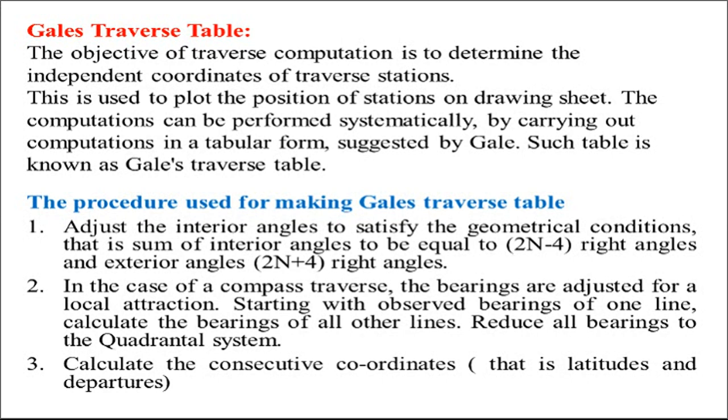Means if we have measured the bearing of one line and the angles are known, then starting from that observed bearing and using the corrected angles, we have to find the bearings for the other sides of the traverse. Then from bearings and the lengths of the sides, we can calculate the consecutive coordinates, or we can say latitudes and departures for each and every station.